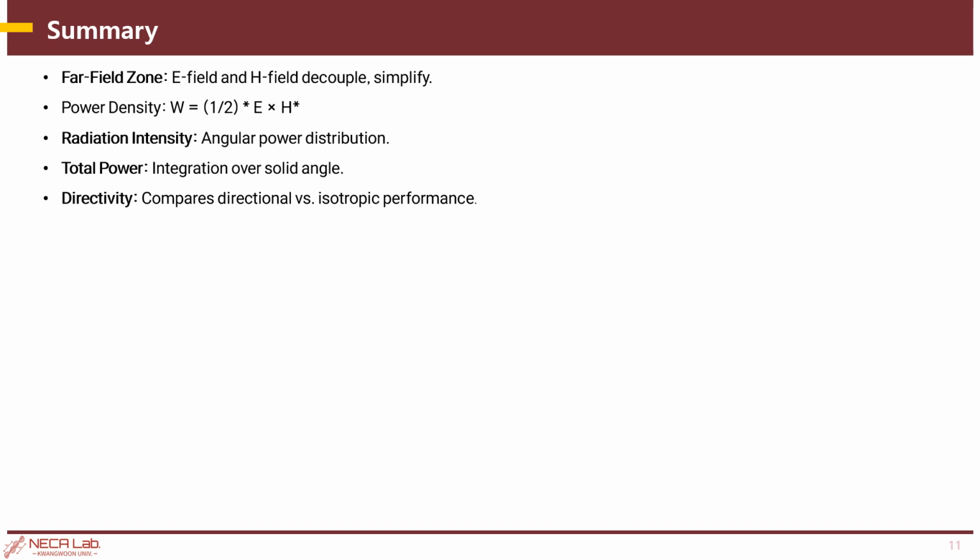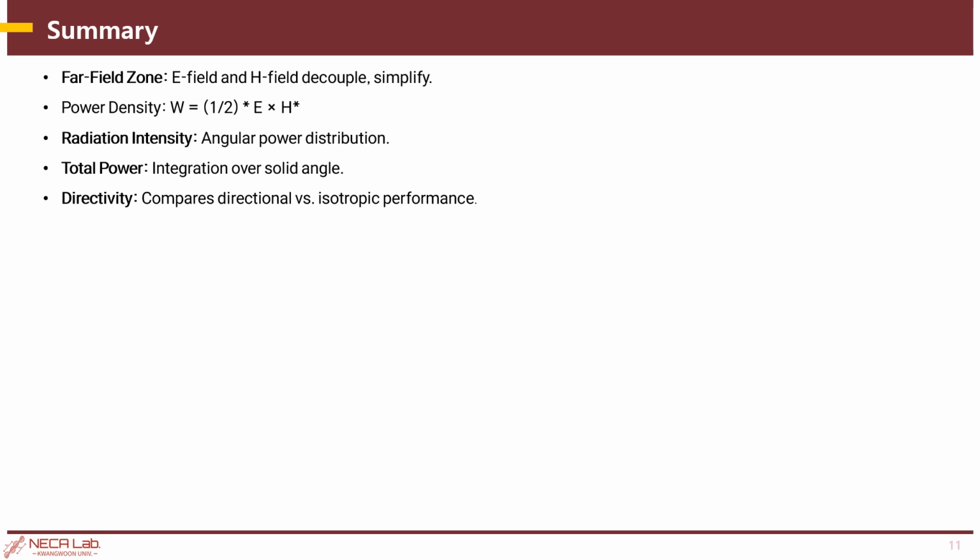Let's wrap up with a summary of today's presentation. First, in the far field zone, the E field and H field decouple, making the analysis simpler. Here we learned that power density is given by the equation representing the power flow per unit area. Radiation intensity helps us understand how power is distributed in different directions.